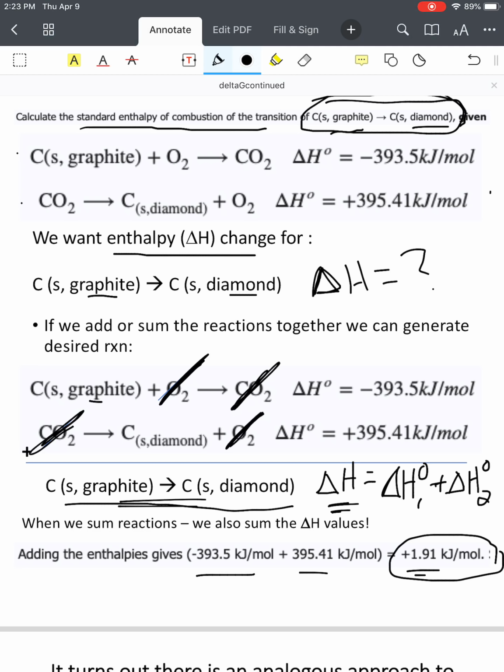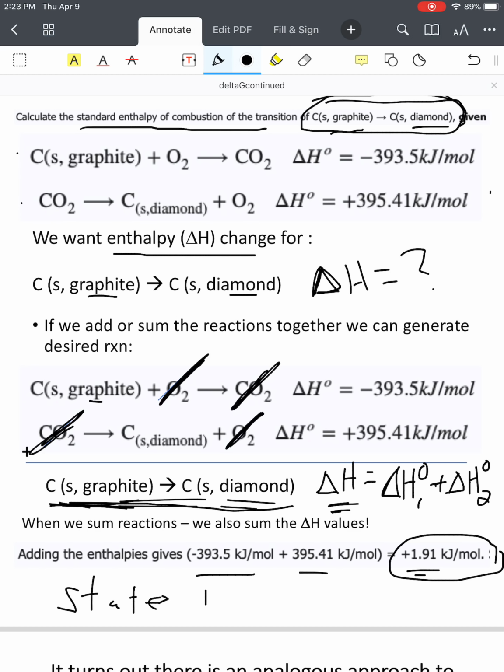So this may kind of ring a bell. You've seen this before. It actually was back in chapter 6 in General Chemistry 1. Okay, and the reason why this summation approach works is because enthalpy is a state function. Right? Enthalpy is a state function. It doesn't matter how I get from graphitic carbon to diamond. I could go through this path. I could go through an alternate path, right?